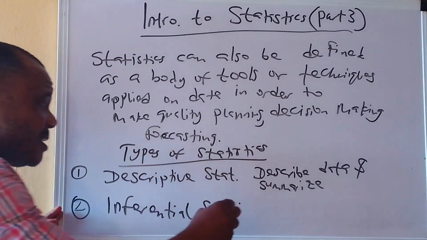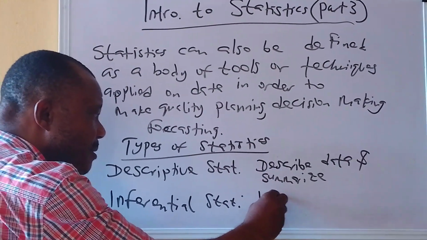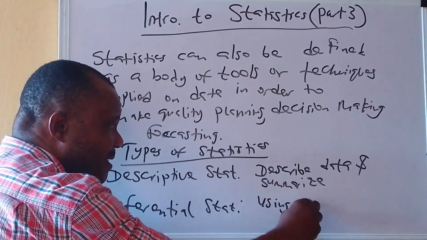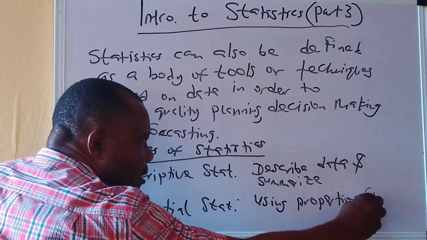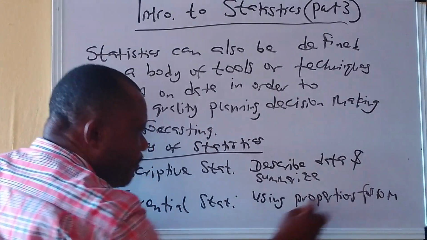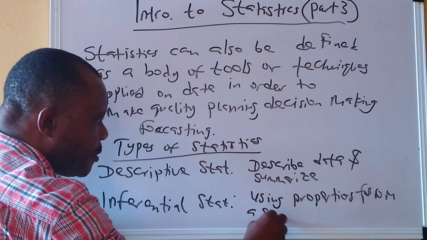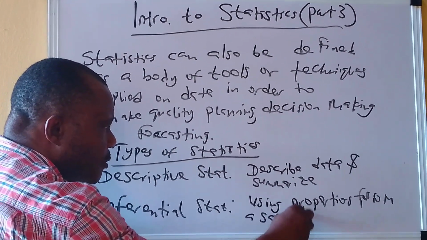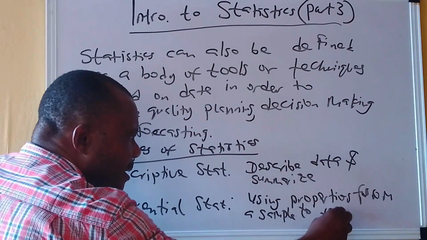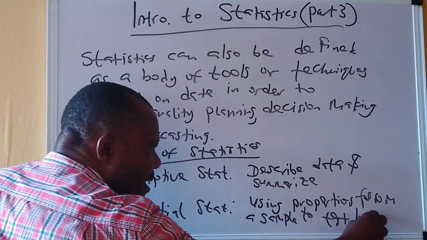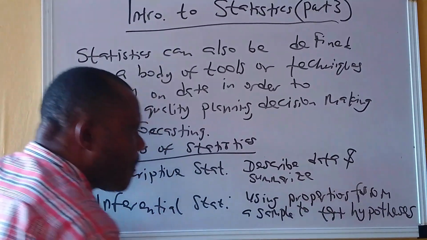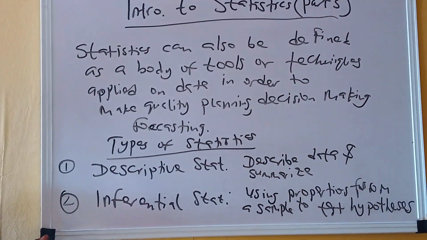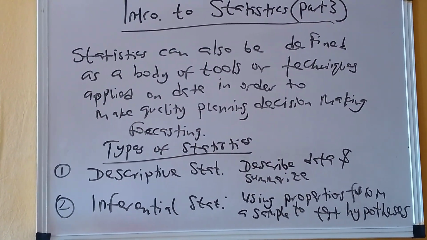This one has to do with using properties from a sample to test hypothesis. So this has a lot to do with hypothesis testing.